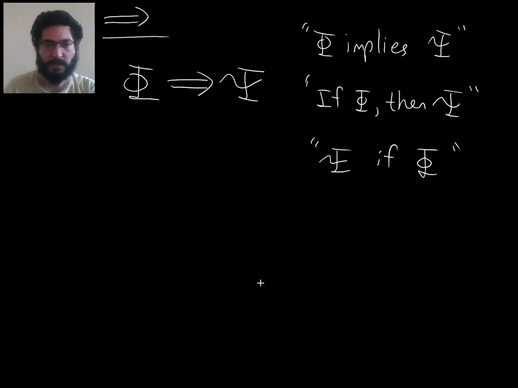Now, I'm going to go through how to prove and how to use. If you want to prove an implication, let's say you want to convince someone using pure logic and whatever premises you agree on, that if they wash their hands, then they will not become infected.